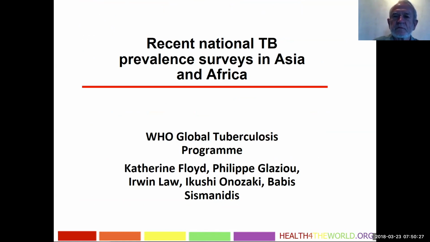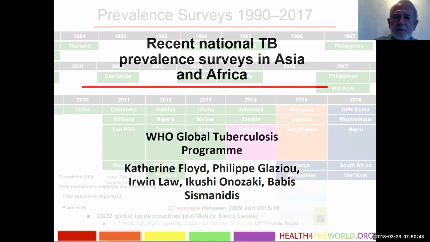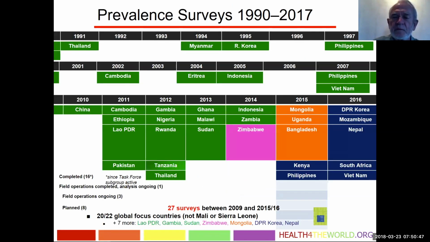And these surveys have been conducted almost entirely in Asia and Africa, because that's where, as you saw in the earlier slide, the problem is greatest. This shows the prevalence surveys that have been done since the early 1990s. We'll be focusing on those that have been done since 2009 up through 2016.